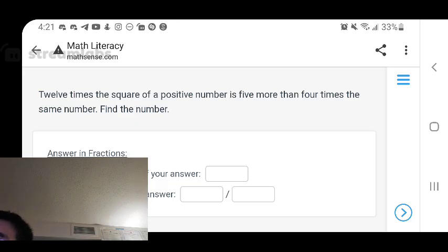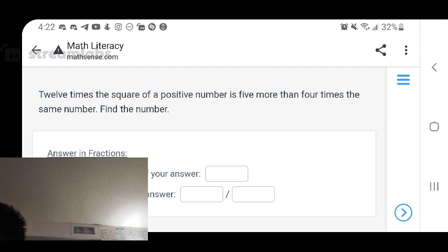This number 25 over 3 is 5 more than 4 times the same number. 5 plus 4 times 5 over 6. Oh my god. 5 is 30 over 6. 29/6?